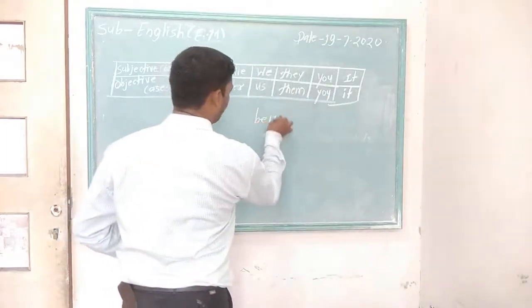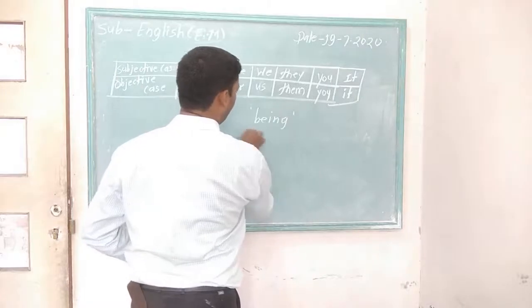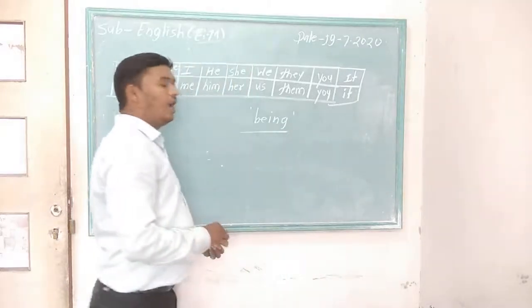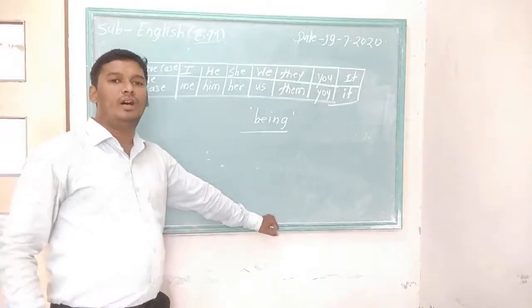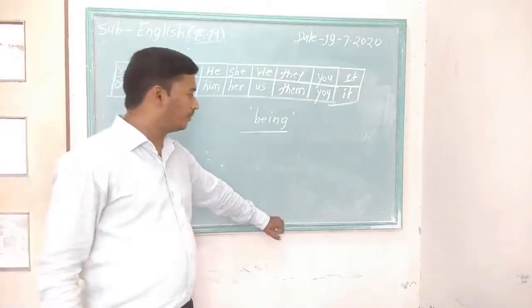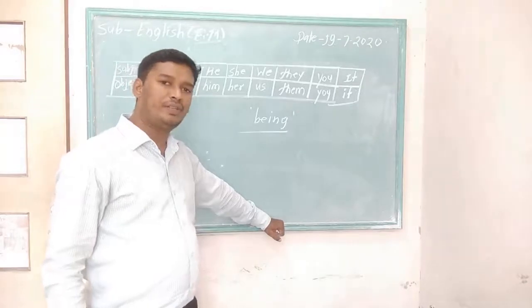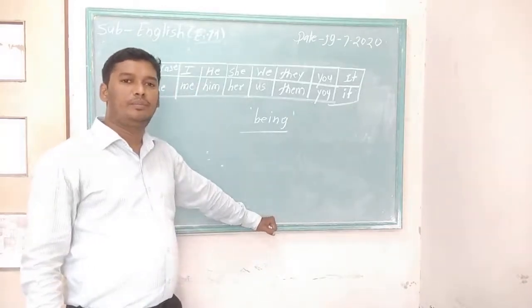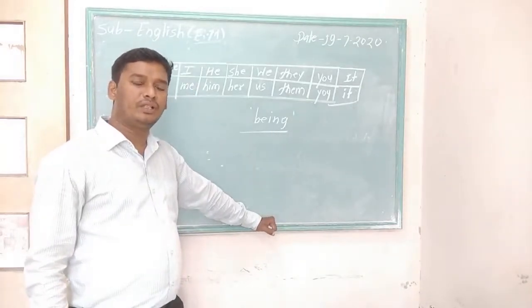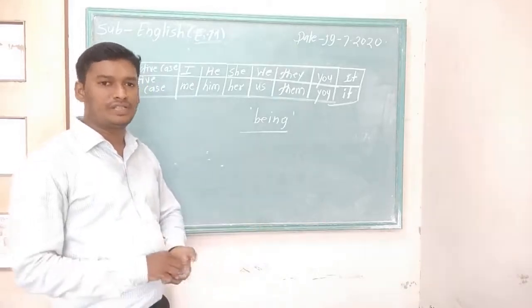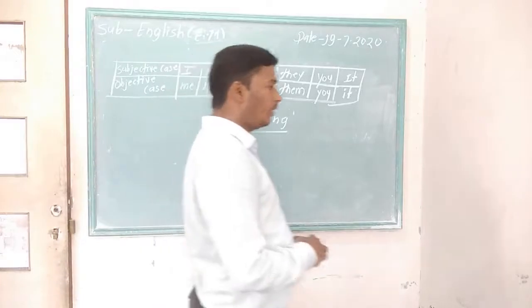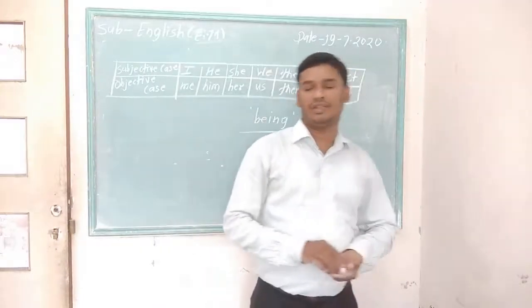Put being into single inverted commas and underline. Add being after the auxiliary verb in the passivized sentence. Full stop. Other changes are same. Full stop.